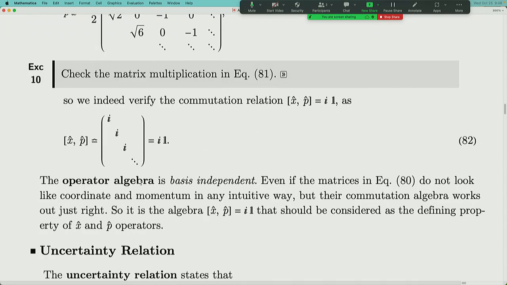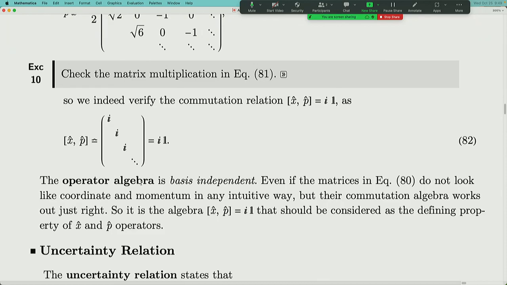So this tells us a lesson that operator algebra itself is basis independent. The fact that the x and p commutator is i times identity is true in the position basis. That is also true in this so-called boson number eigenbasis, even though this boson number has no clear physical meaning associated with wave functions and things like that. We are not talking about wave functions now.